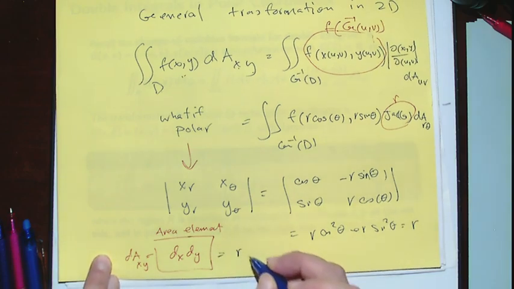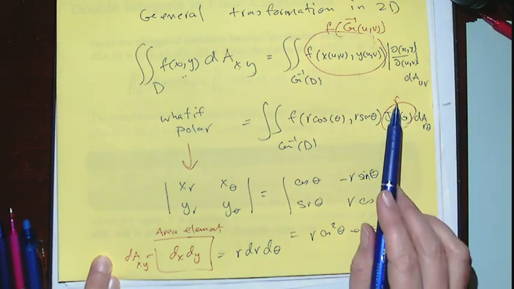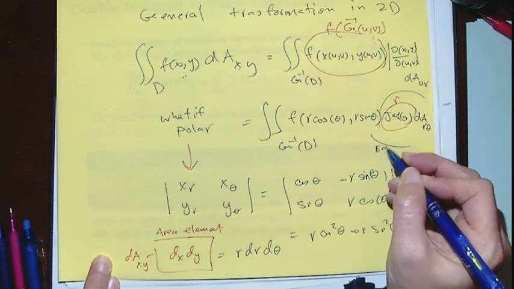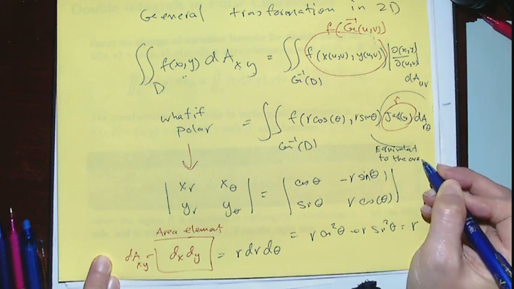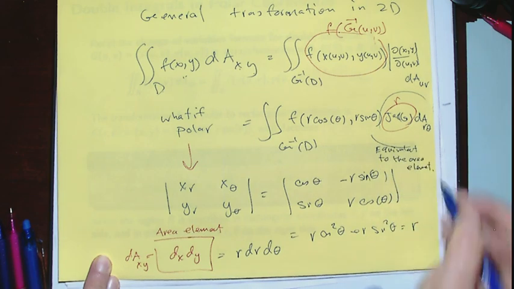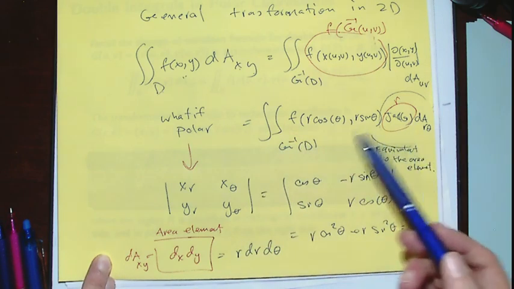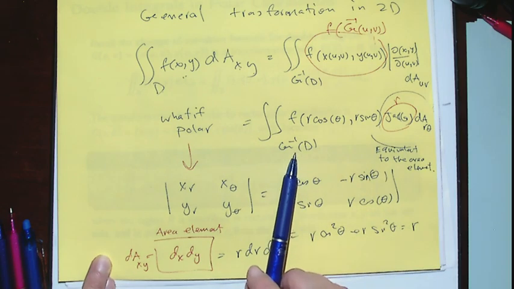It becomes r dr d theta, right? So that area element swaps with this, basically. And you plug in. So that's why you have r times, that becomes equivalent to the area element. And then basically you just plug in r cosine theta for x, r sine theta for y, and you find the bounds for r and theta.